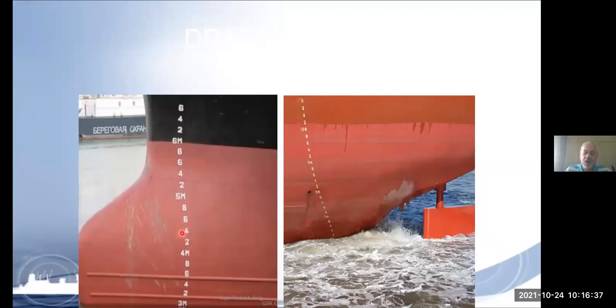Okay, just for your information. And these markings are done such that each mark is 10 centimeters in vertical height. So suppose we take this 5 meters here, whatever is painted or stenciled or engraved, this will be 10 centimeters, and the space between the 5 meter top and this two will also be 10 centimeters.